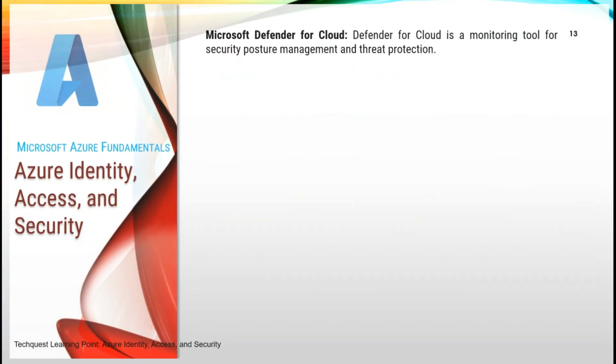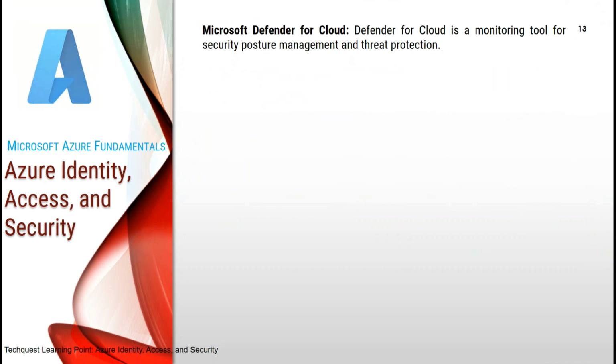Microsoft Defender for Cloud. Defender for Cloud is a monitoring tool for security posture management and threat protection. It monitors your cloud, on-premises, hybrid, and multi-cloud environments to provide guidance and notifications aimed at strengthening your security posture.